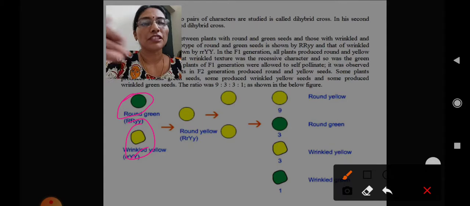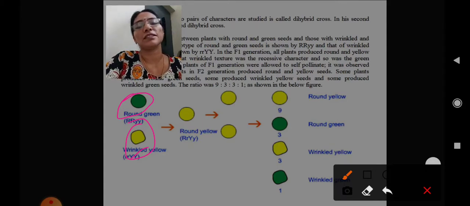So in the first generation only dominant characters we can see, not any recessive character.